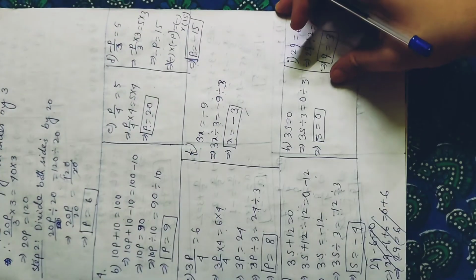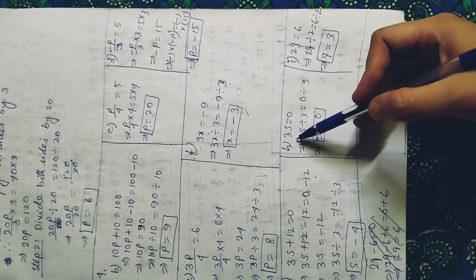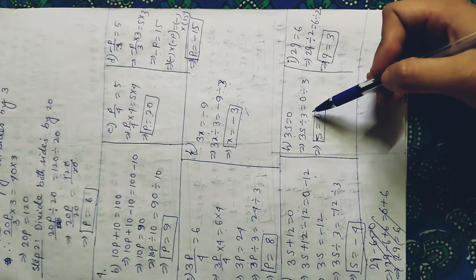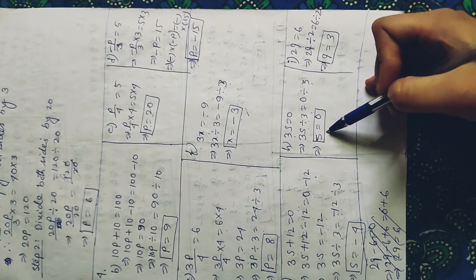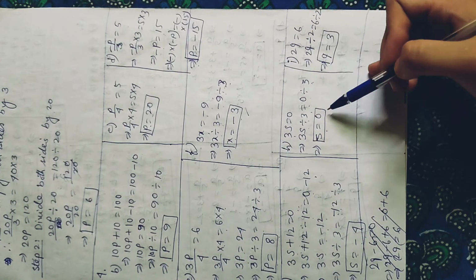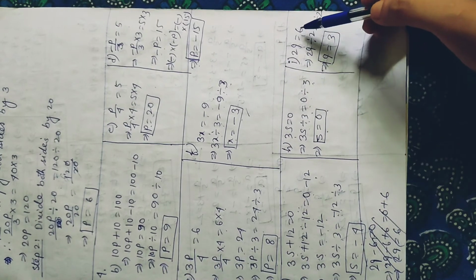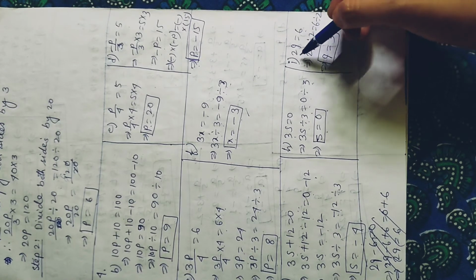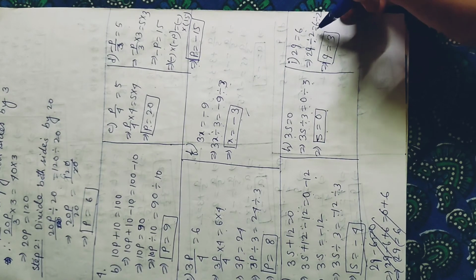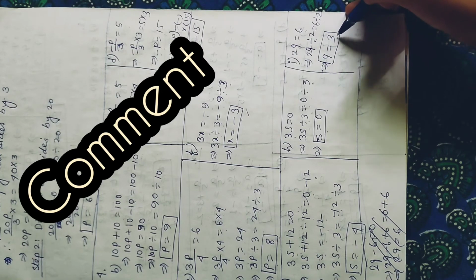Then h, 3s equals to 0. So 3 is multiplied, opposite will be divided by 3 on both sides. So 3s divided by 3, answer will be s, and 0 divided by 3 equals to 0. Okay, then i, 2q equals to 6. So 2 is multiplied, opposite will be divided by 2 on both sides. Q value will be 3.